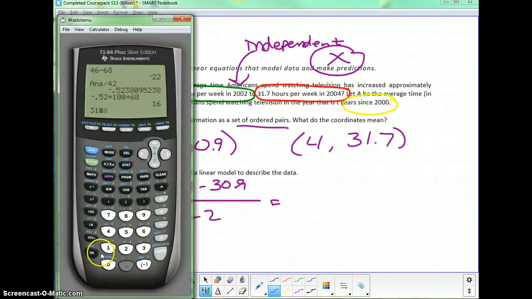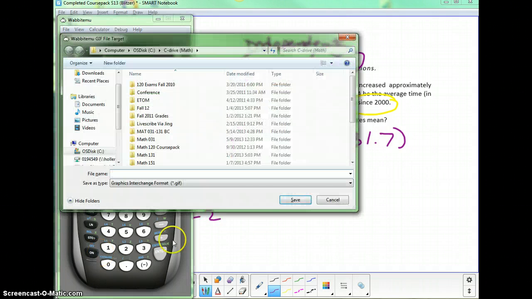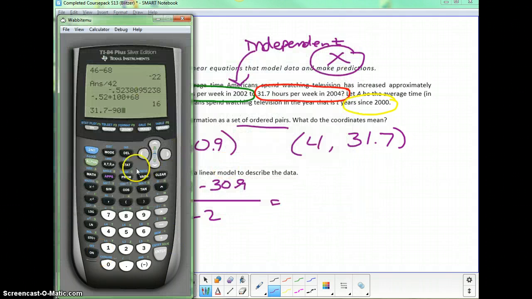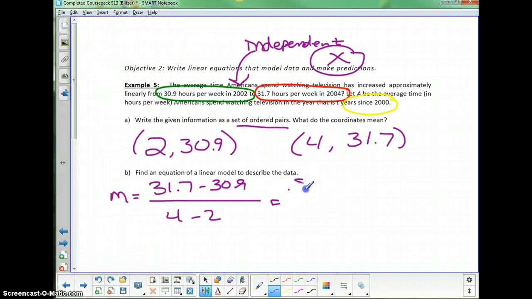So I have 31.7 minus 30.9 is 0.8 divided by 4 minus 2 is 2. 0.8 divided by 2 is 0.4. So my slope is 0.4.